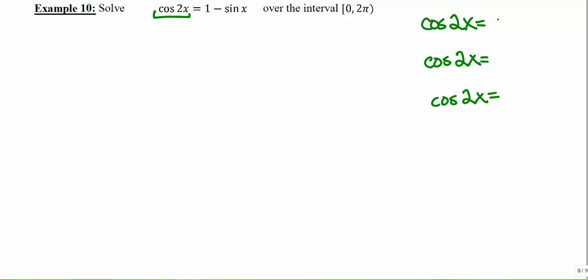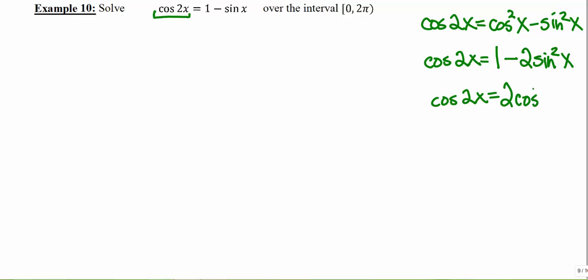So cosine of 2x, the first one I think of is cosine squared x minus sine squared x. The next one that I think about would be 1 minus 2 times sine squared x. And then the last one, 2 times cosine squared x minus 1. So these are our three double angle identities for cosine.